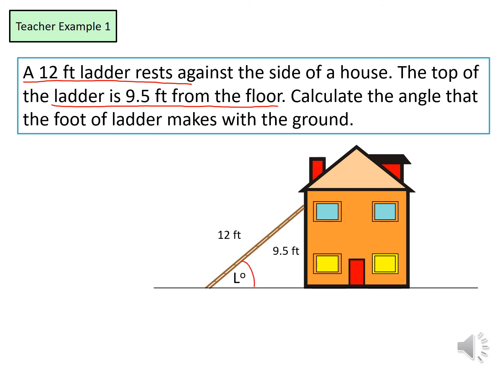Alright, so we need to label our right angle triangle. Opposite the right angle is my hypotenuse. Opposite the angle we're trying to find is our opposite side, and the adjacent is below. Which one do we not need out of the three? It's the adjacent, because it has no relevance to us.